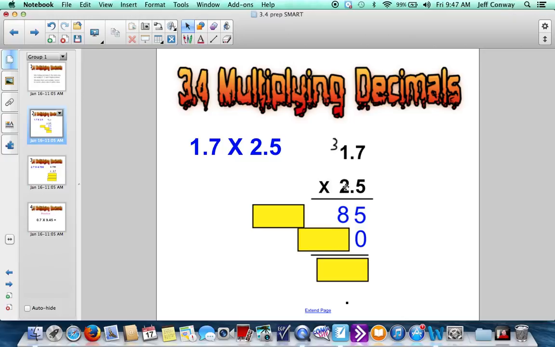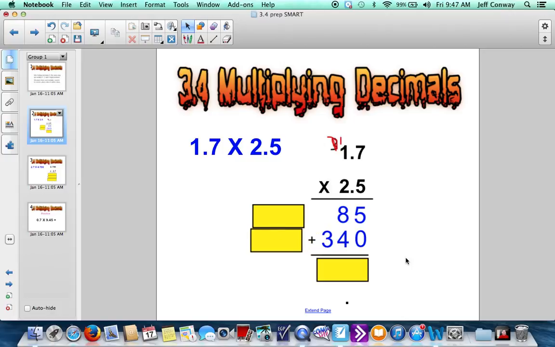So I start out with 2 times 7 is 14, so I put down my 4, but then I have to make sure that I carry over my 1, and I used a different color there. The 3 was from before, and now we're using a 1 for this column. So 2 times 7 is 14, put down our 4, carry the 1. 2 times 1 is 2, plus 1 is 3.